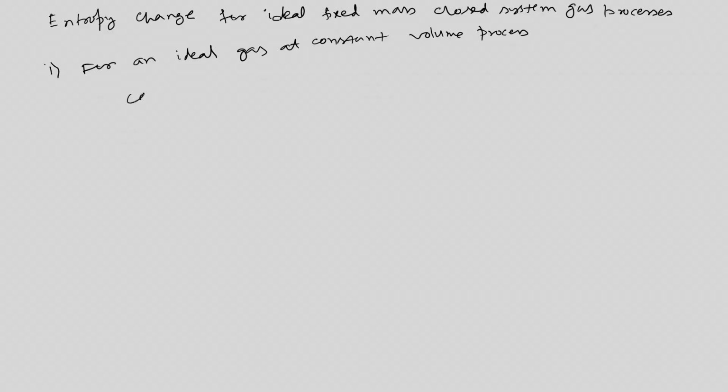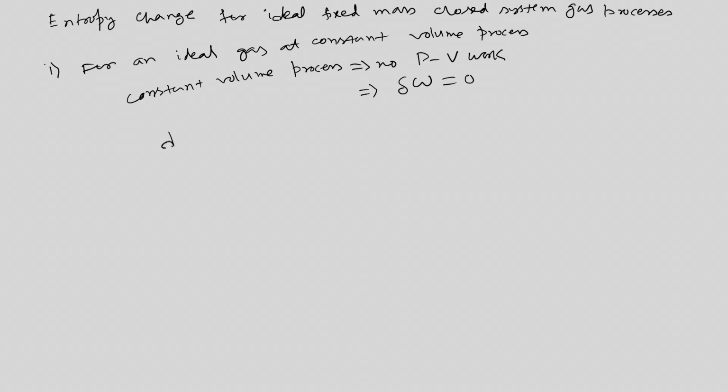So, no PV work. Constant volume process means no PV work, right. In that case, del W is 0, right.